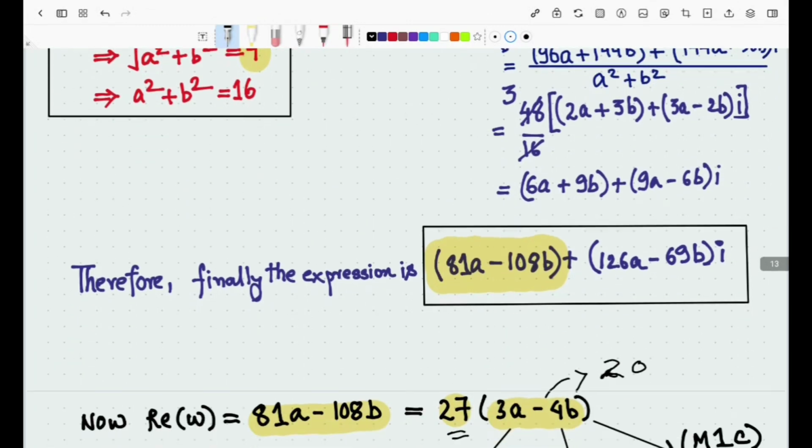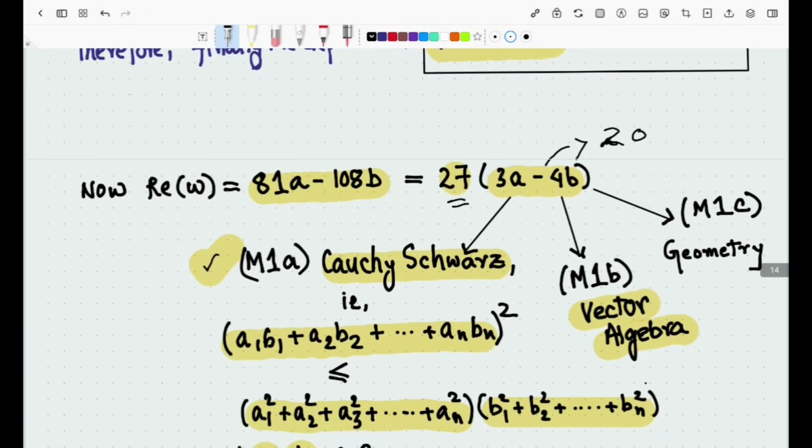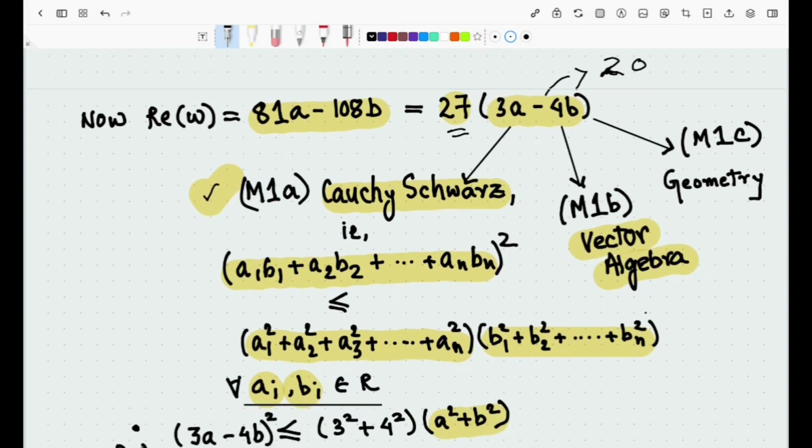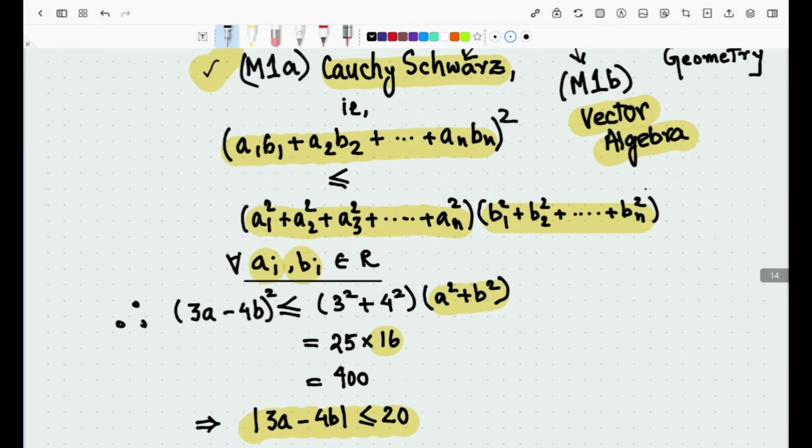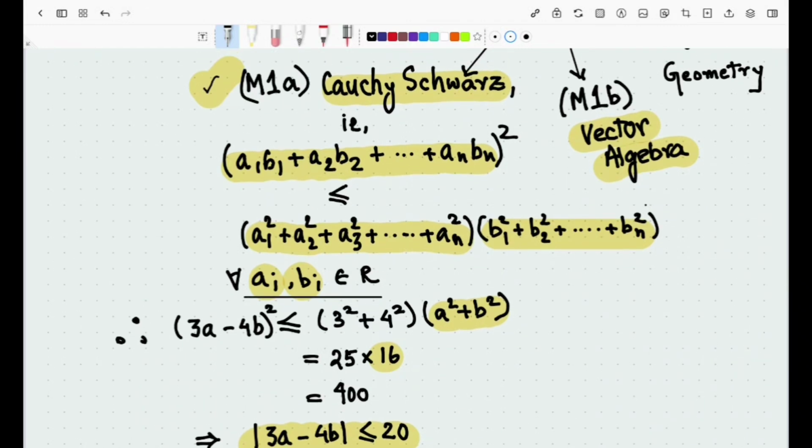After that, I have used the Cauchy-Schwarz inequality as method 1, so that we can get the solution very easily. And what is the Cauchy-Schwarz inequality?